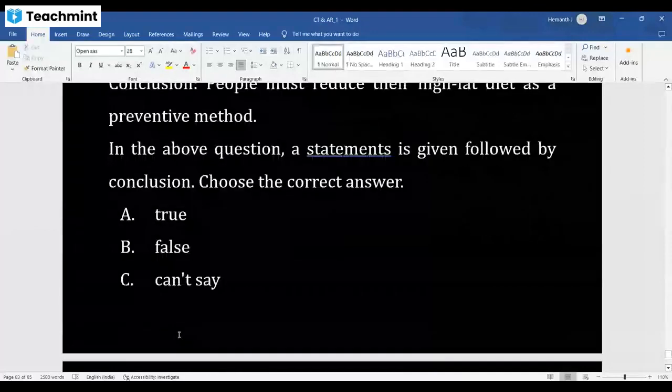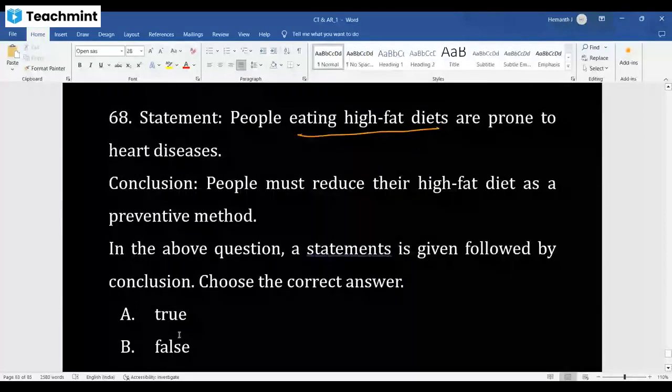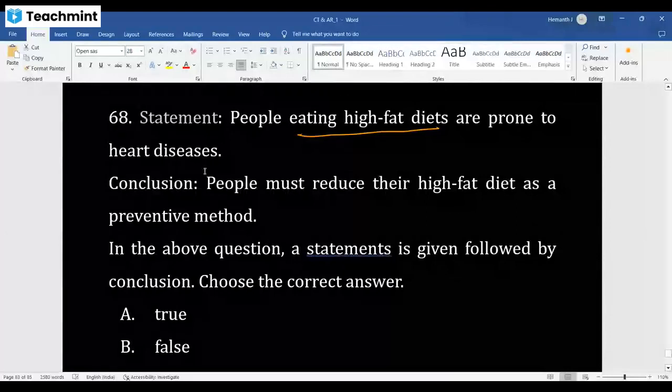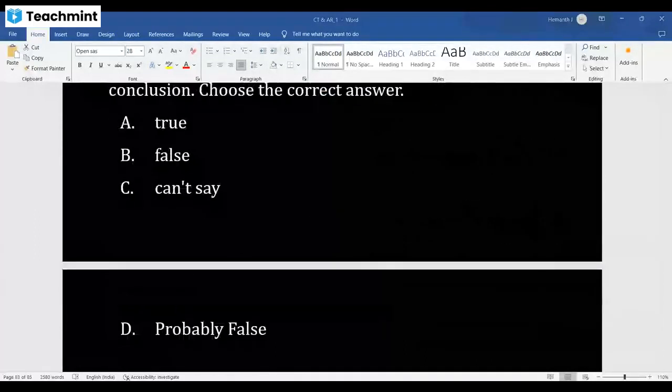Here also can't say no. Those who are eating high fat diets are more inclined to heart diseases. Must reduce their high fat diet as a preventive method. That's what they have given. Now options are the problem. They said true, false, can't say is also there in the options. There also we need to look into that.